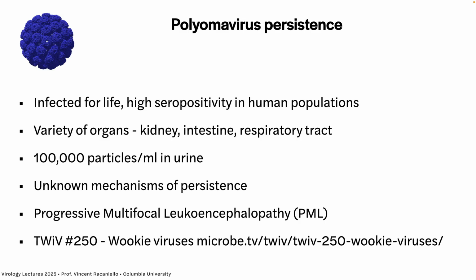They cause a potentially fatal brain disease. And so at that point, you have to make a decision about whether to stop your Tysabri or not. So you suppress the immune system, and these viruses come up. So you can see they're persistent because there's some kind of arrangement with the immune system.